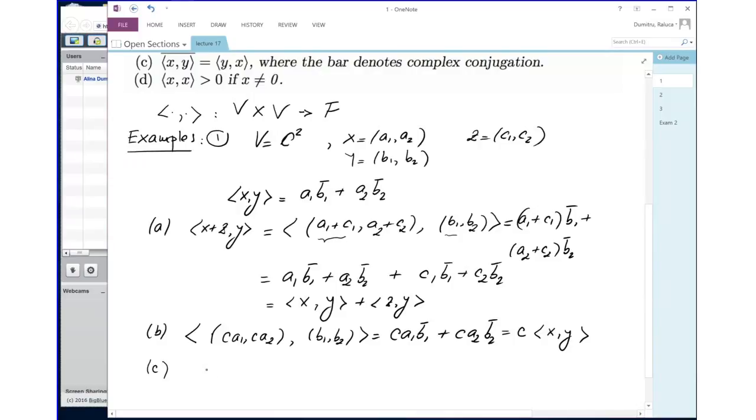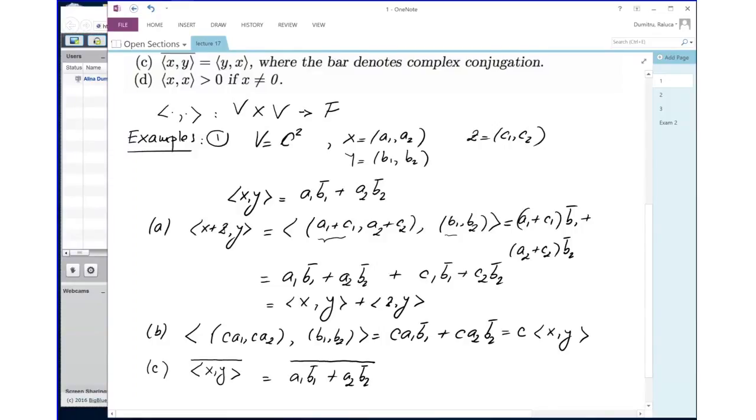Switching the entries. The inner product between x and y, complex conjugate, is A1 B1 bar plus A2 B2 bar, all complex conjugate.